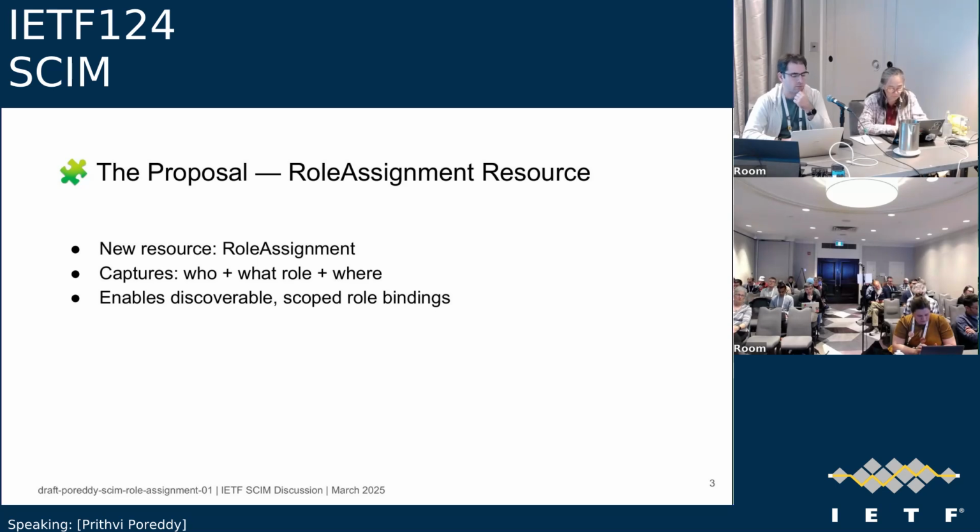Or they can query by subject and see a user across multiple scopes. This model stays true to the SCIM design principles, which are resource-based, RESTful, and lightweight, but adds this missing layer of contextual authorization.